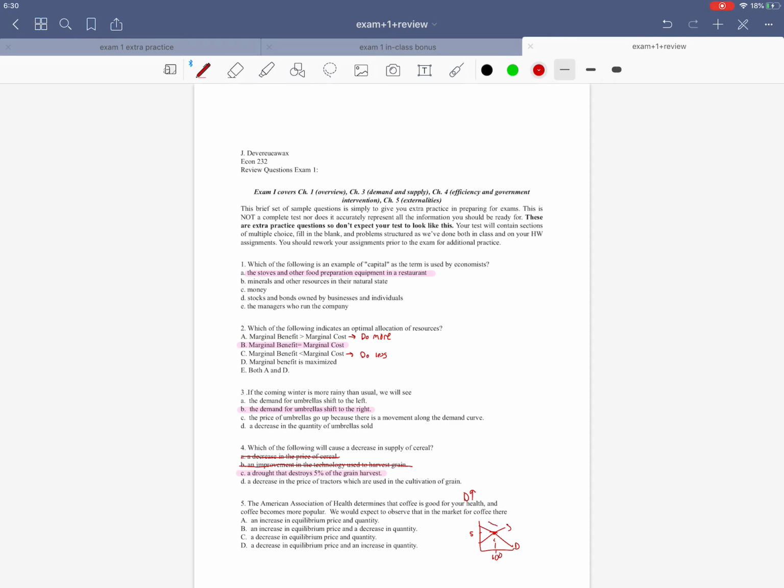Anytime there's an increase in demand, so a rightward shift, we can expect our quantity to go up and our price to go up. So A here, an increase in equilibrium price and quantity.